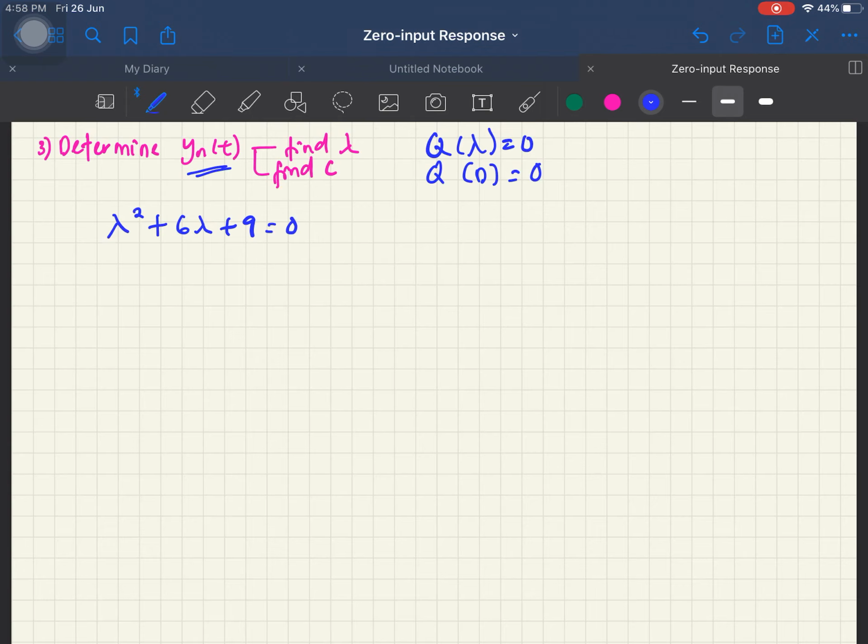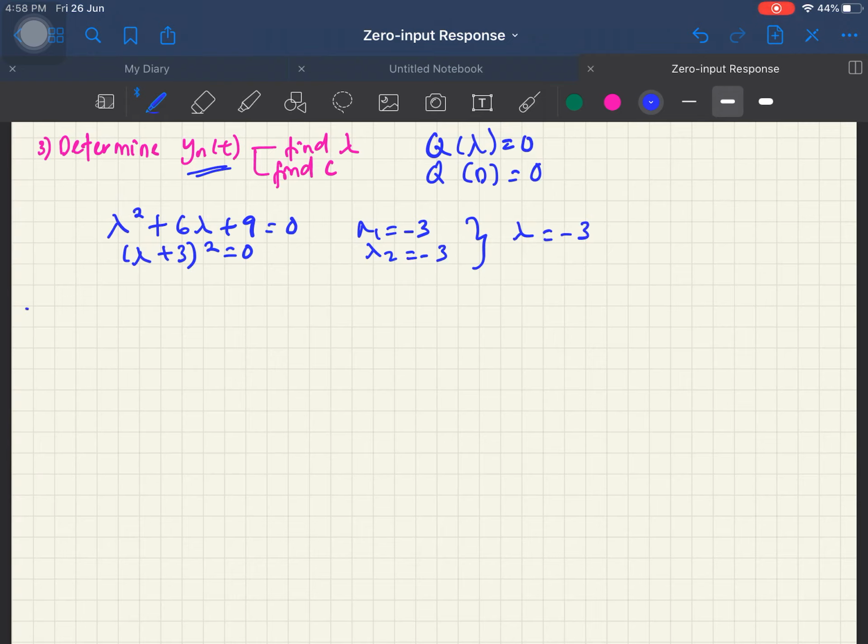If we find the roots, this will be (lambda plus 3) squared. So actually we have real and repeated roots. Lambda 1 equals minus 3, lambda 2 equals minus 3, which simply means lambda equals minus 3. Two real but repeated roots.